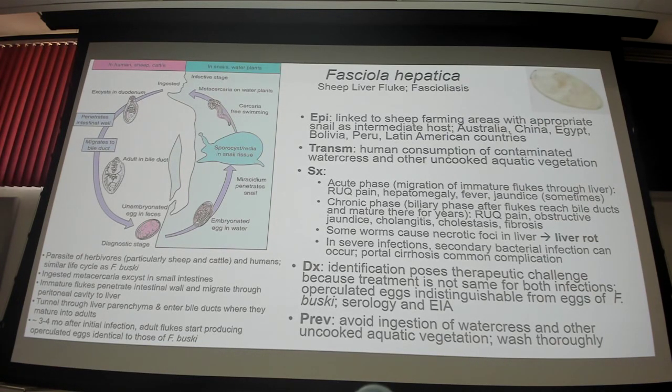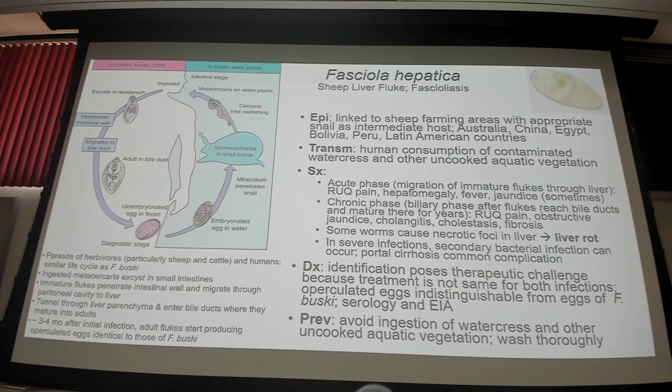You get secondary infections in chronic parts of your liver, which contributes to what we call liver rot, which can be really serious as well. You start to lose liver function, portal cirrhosis, very serious complications like that. Secondary bacterial infections occur because the liver is so torn up from having infections like this.